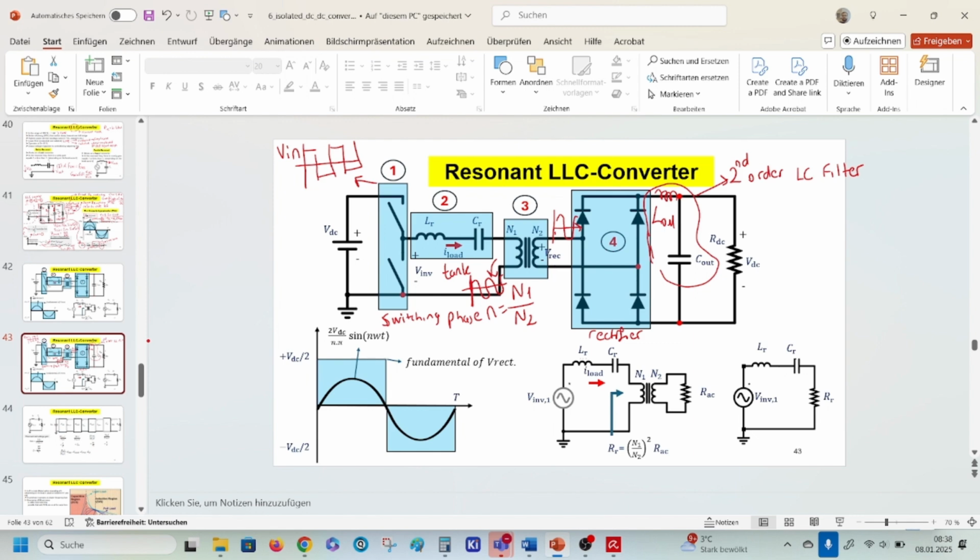And we have two options in the switching phase. Either we can use full bridge or we can use a half bridge. And this is called half bridge.